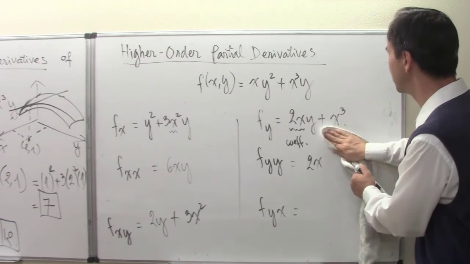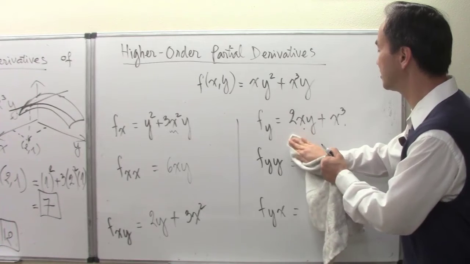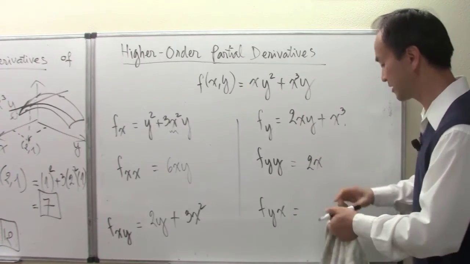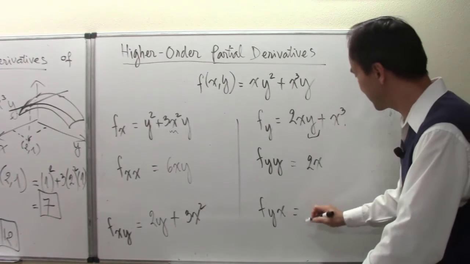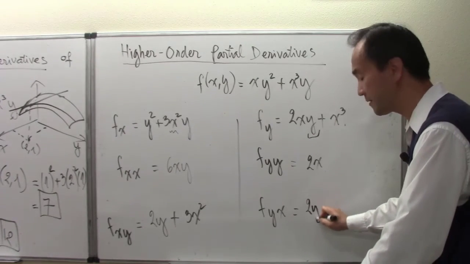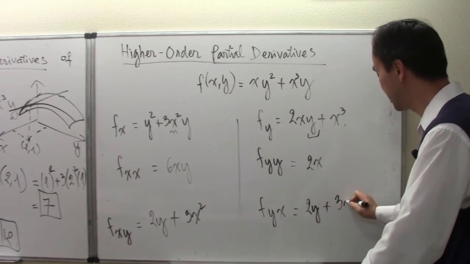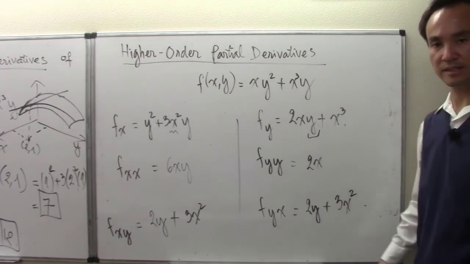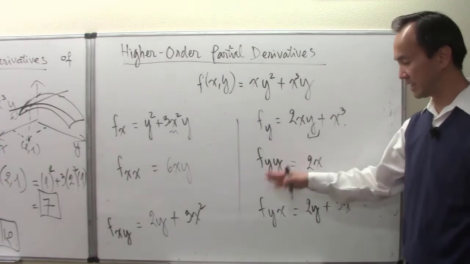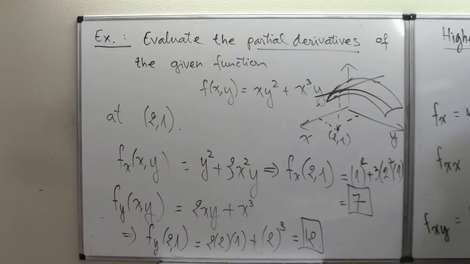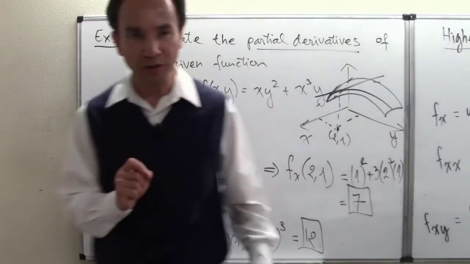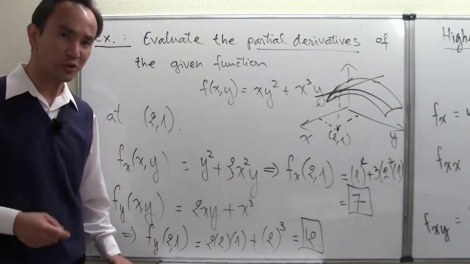Now I have to erase the extra note here a little bit, because it's irrelevant at this point. With respect to x, that's the coefficient. So we're looking at 2y plus 3x squared. That's how we're finding it. I'm leaving the results here, and I'll come back to this board, but that is how we find higher order partial derivatives.